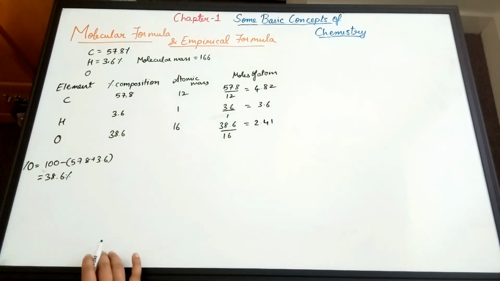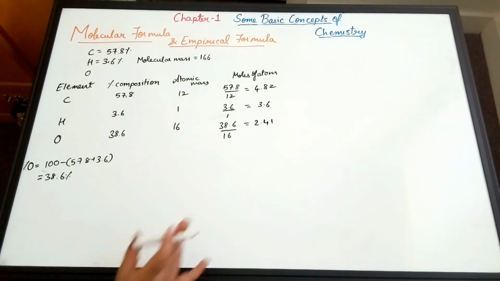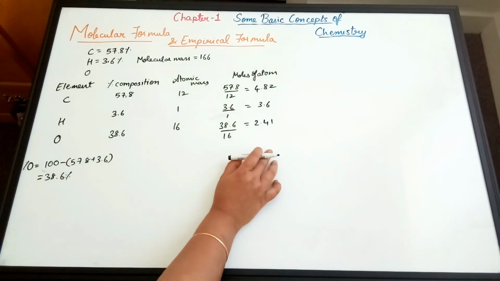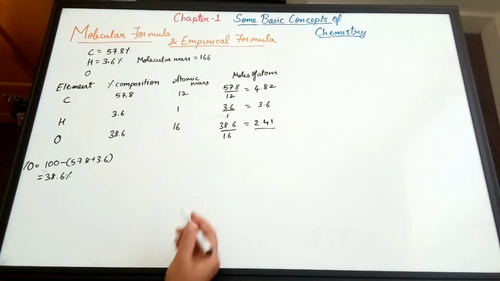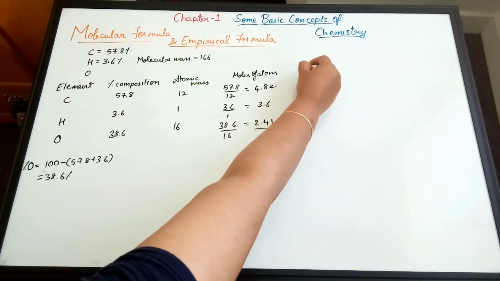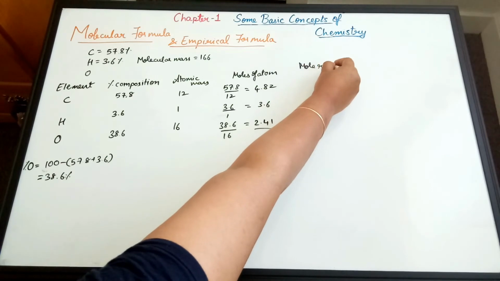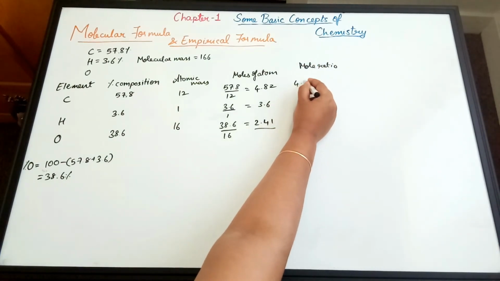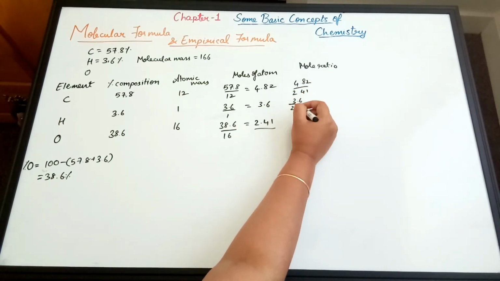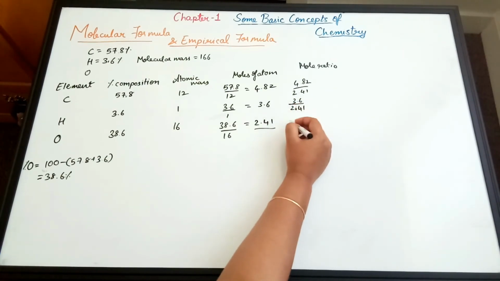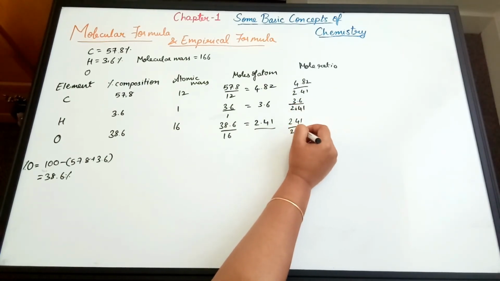2.41. Now the next step is slightly tricky, so you need to focus when you do it. Here we have to divide all these three values by the least one. The value of 2.41 is the least, right? So the mole ratio will be calculated by 4.82 by 2.41, 3.6 by 2.41 and 2.41 by 2.41.